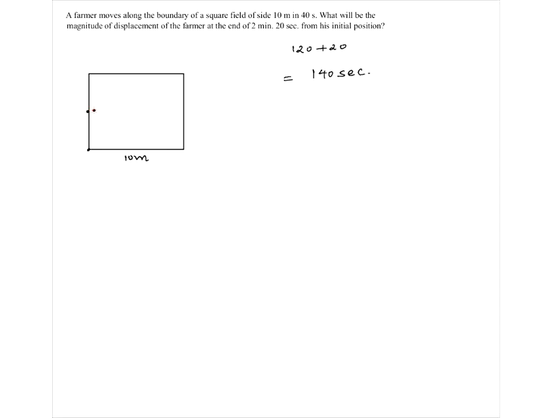5 meters. Sir, does it mean that he travels one side in 40 seconds or the whole square field in 40 seconds? Okay, that's a good question. I think you have got a point. You're right. The first line means that the total is 40.